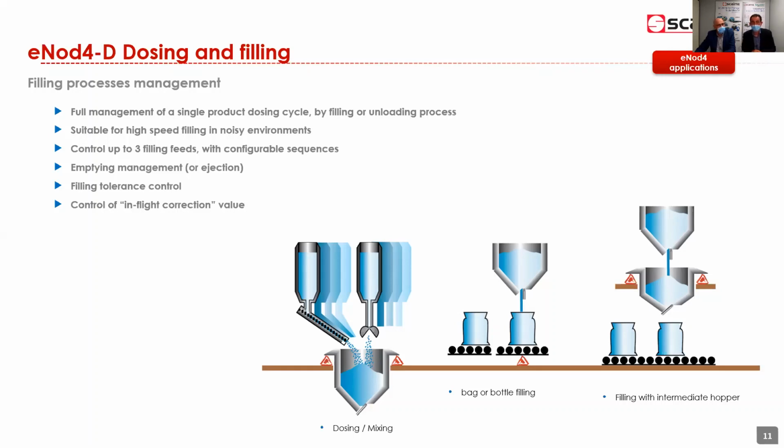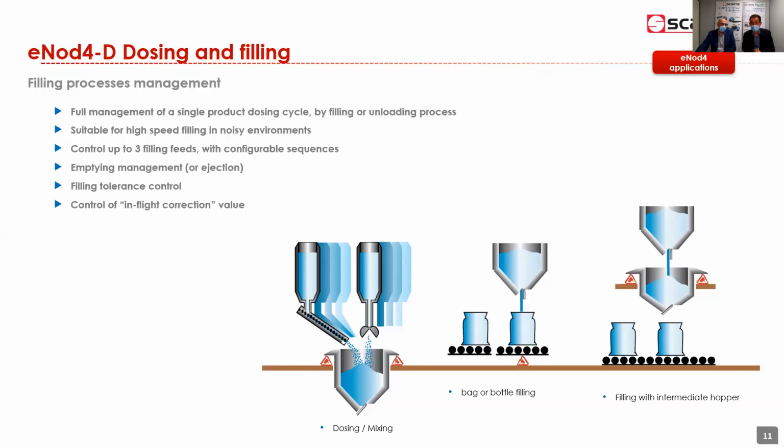The eNod4D also offers the possibility to control several filling speeds, up to 3 filling speeds, with also the possibility to configure the sequences. So fine feeding, coarse feeding, or coarse feeding, fine feeding. Anyway, you have the possibility to make a specific configuration for your process. It can also manage the emptying process, so the product ejection.